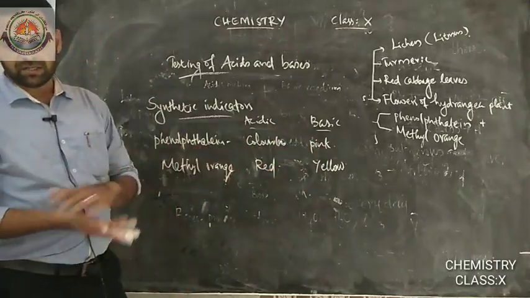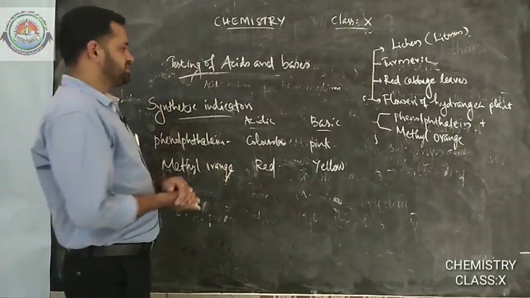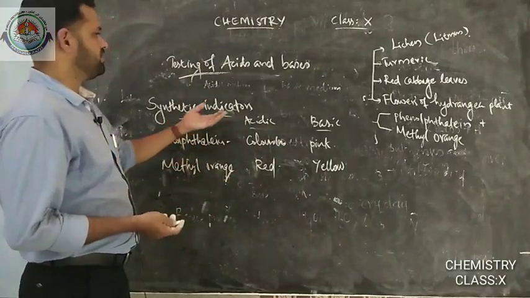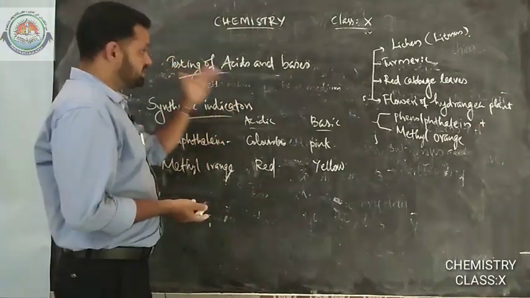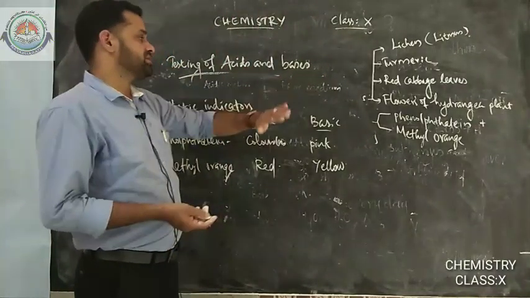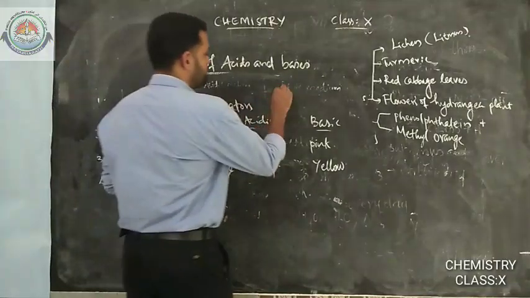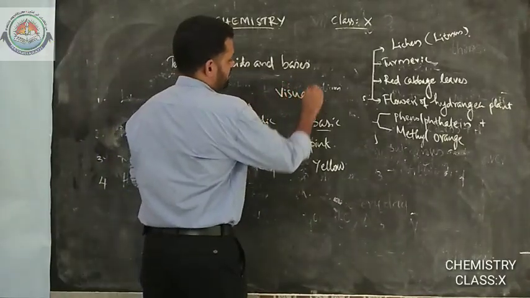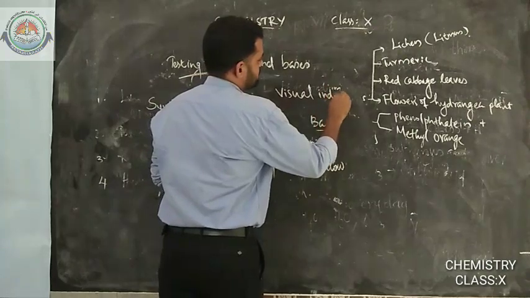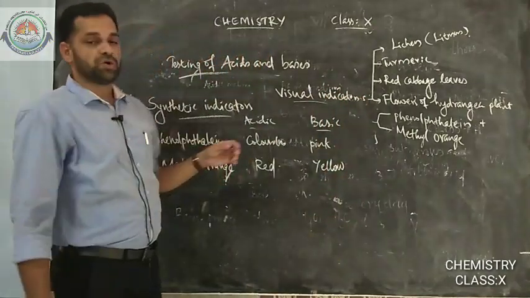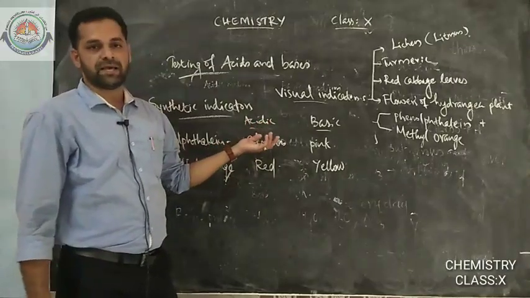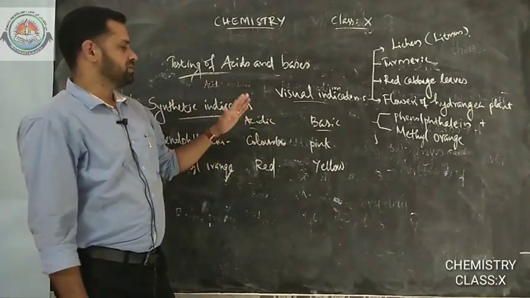So these are the color changes happening in the case of synthetic indicators and natural indicators, and these synthetic and natural indicators are otherwise known as visual indicators, because they show the color difference in acidic and basic medium.